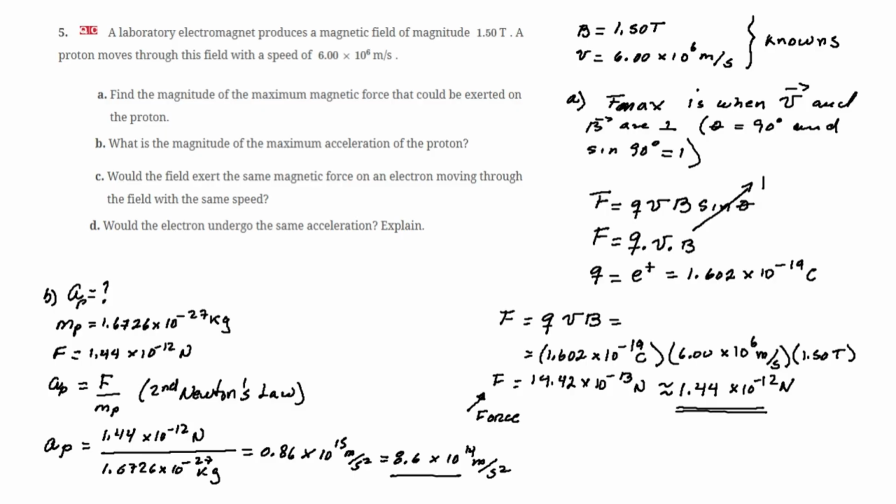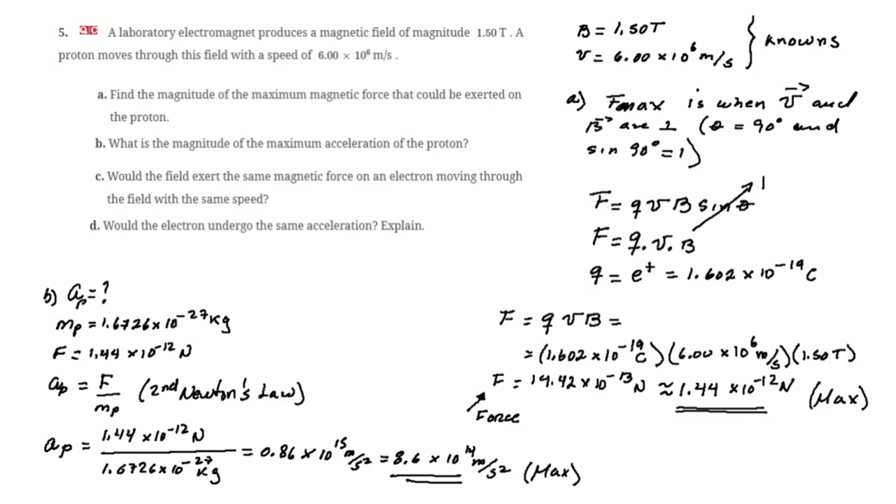And here we have the maximum acceleration of the proton. It's the maximum acceleration because it was calculated based on the maximum force.